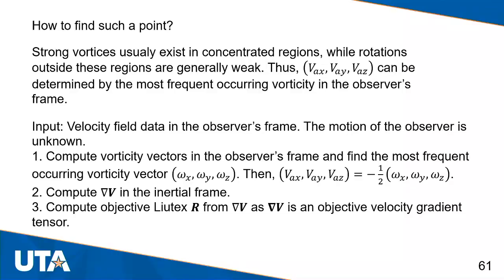So our method becomes this: if we get the velocity field from data of the observer, and we do not know the motion of the observer, we first compute vorticity vectors in the observer's frame, and we just count which vector occurs most frequently.